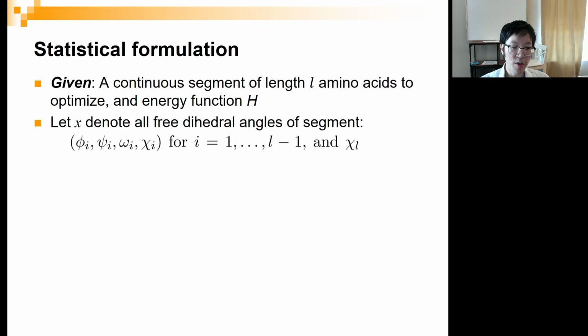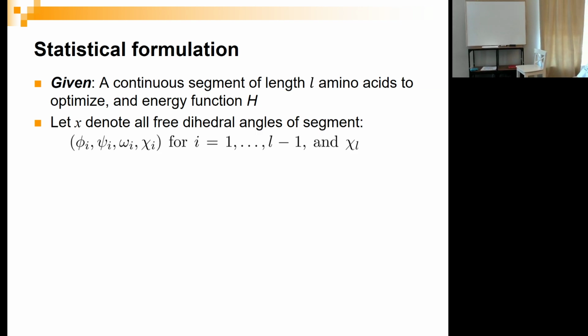Now, I think it would be useful here to spend maybe 2 or 3 minutes going over to the board and giving you a very short crash course on protein geometry, to help you understand this a little better. On this slide, I've defined several angles: phi, psi, omega, and chi.